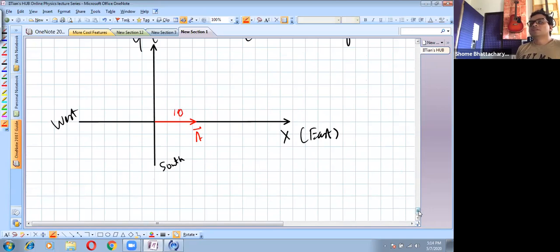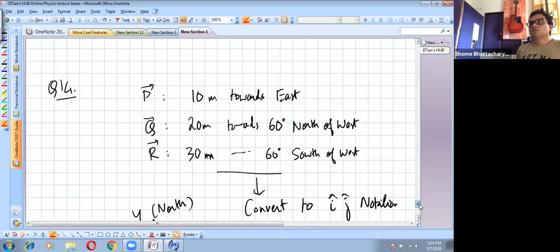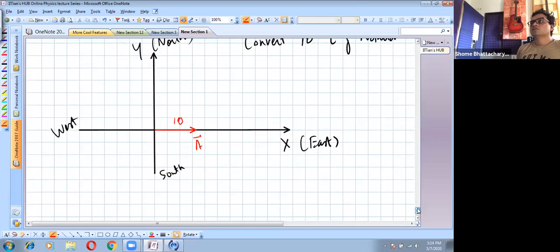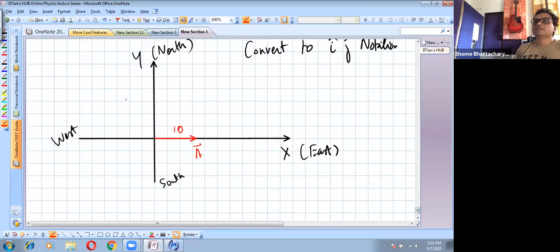But now more complicated. Where is my vector Q? It is 20 meters at 60 degrees north of west. Okay, so let's understand what this direction is. 60 degrees north of west. Which direction will it be? It will be a direction somewhere like this. Okay. So my vector Q now will have to be in this sort of a direction, north of west. It will be like this.